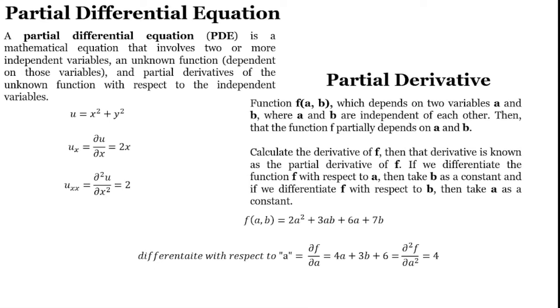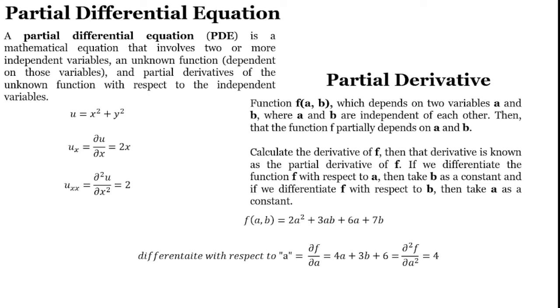From that, a is neglected because 3ab is differentiated with respect to a, so we get 3b, plus 6a differentiated gives 6, plus 7b, where b is a constant, so I can remove that element. So b is 0, and I removed that element from the equation.